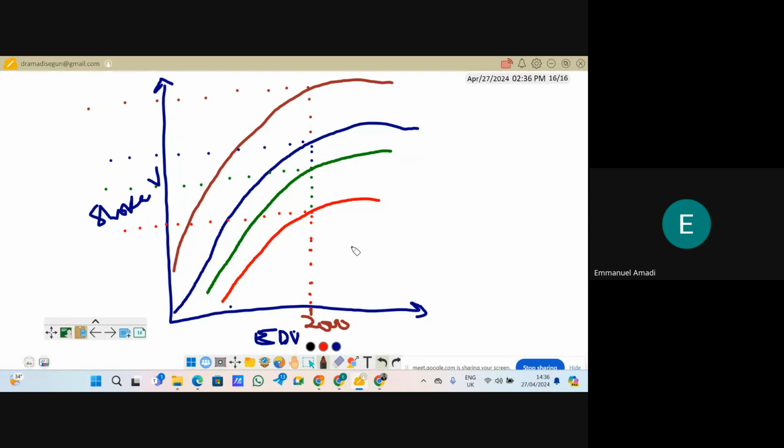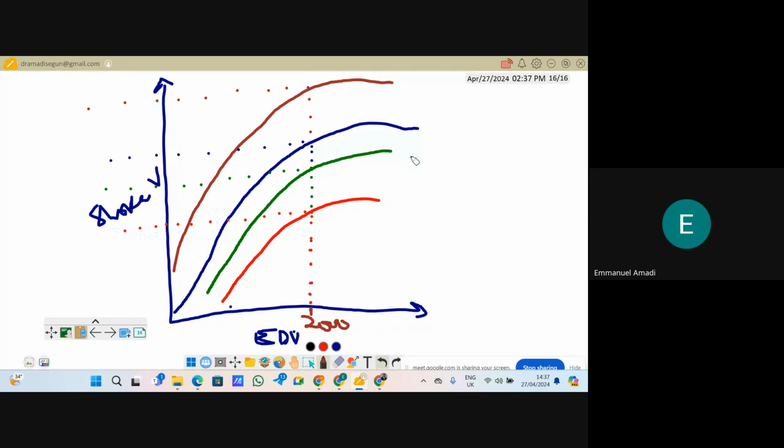So if the preload is constant here, what is simply affecting this stroke volume is contractility. That is what is changing them. We traced all of them at the same end diastolic volume of 2000, but we had different stroke volumes. So it is the contractility here that is determining this particular stroke volume.